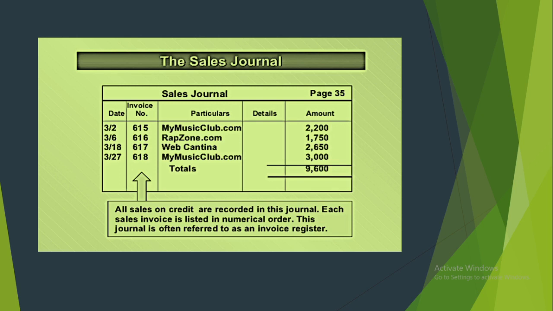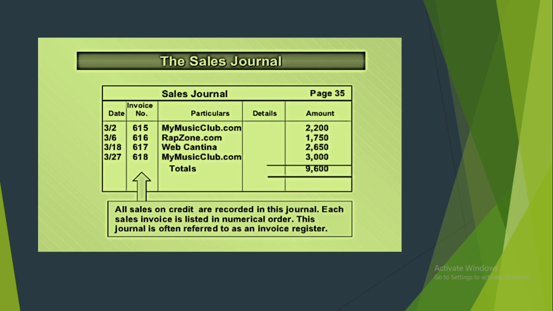So, this is the example of a sales journal or sales book. Here, these columns are important: date, invoice number, particulars, details and amount. And we have to also mention the page number. So all sales on credit are recorded in this journal.